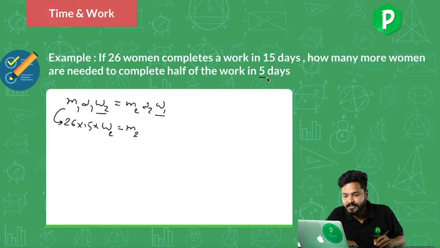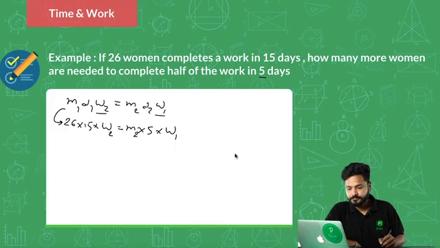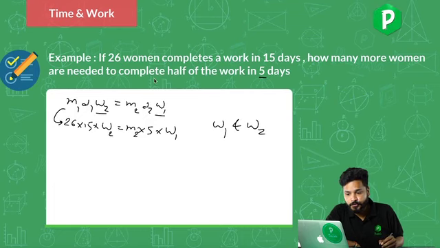D2 is given as 5 days because the work needs to be completed in 5 days, times W1. Right? So now let me see what is W1 and W2. The question says if 26 women complete a work in 15 days, we need to find the number of women needed to complete half of the work in 5 days.